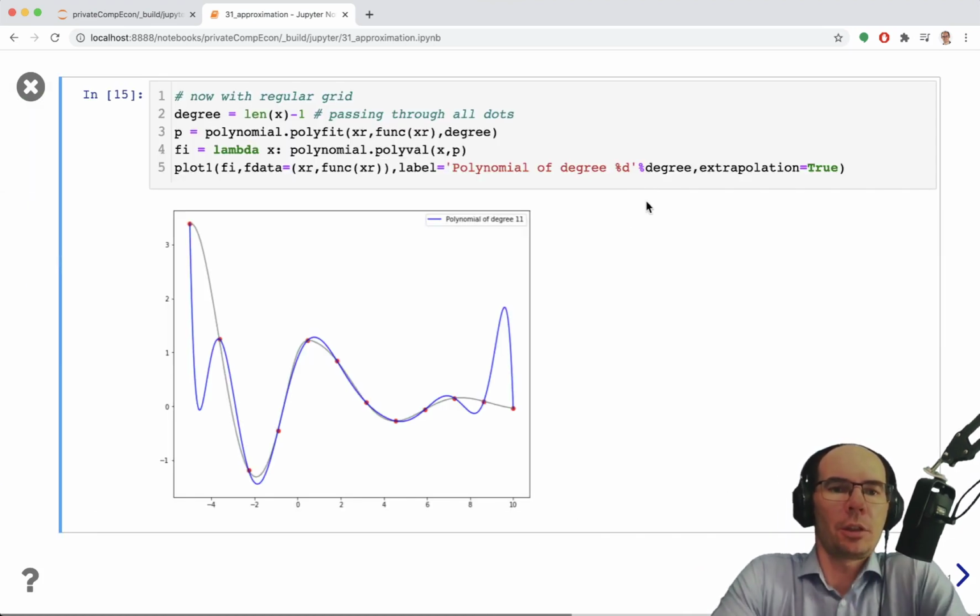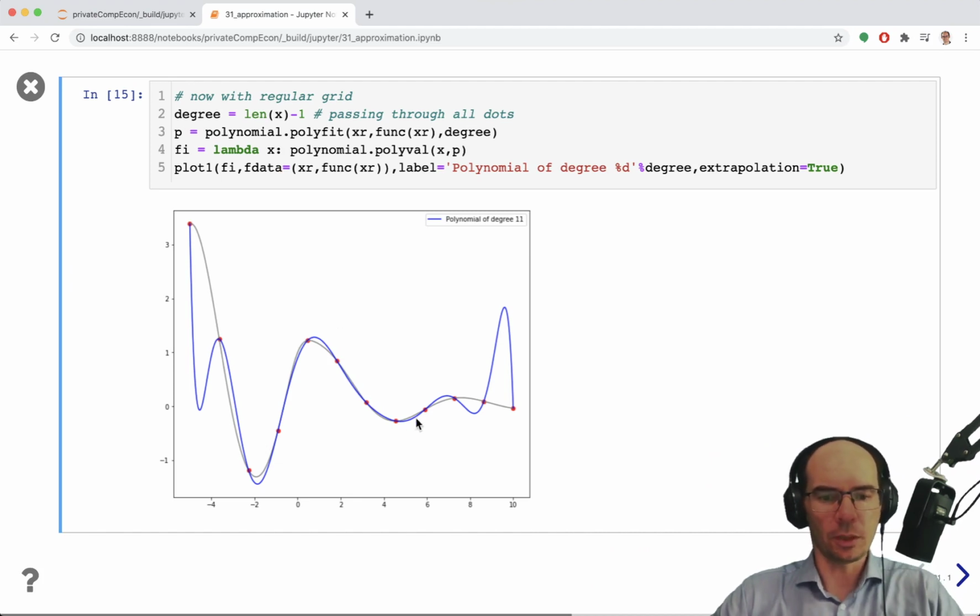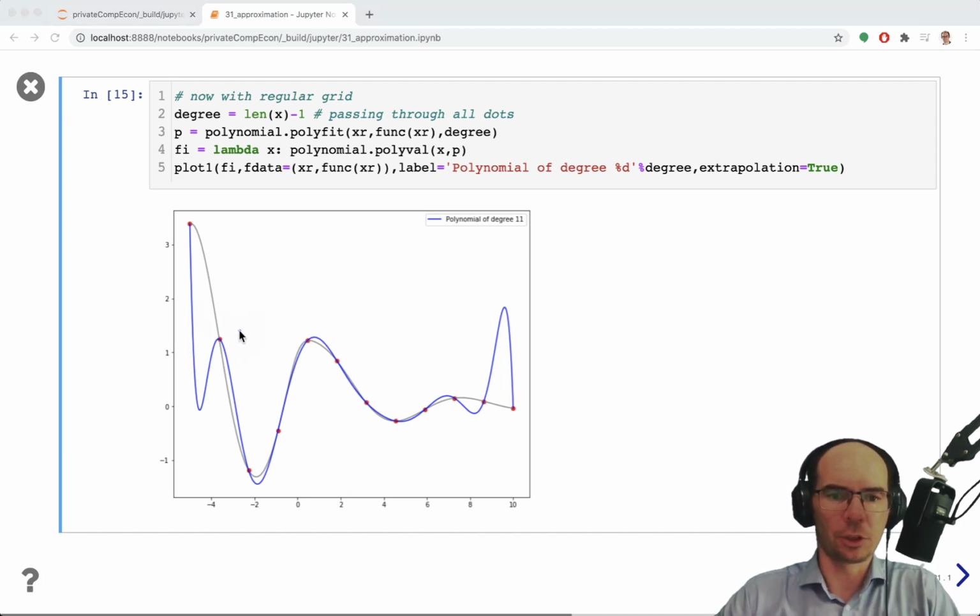With regularly spaced points, as you can see, it's more sensible, right? So we can see that now the points marked here in red are all regularly spaced across the x dimension. We have the functional values and the polynomial, which sort of repeats the function that we're interested in in this middle section here, but then starts doing something strange, especially over here.